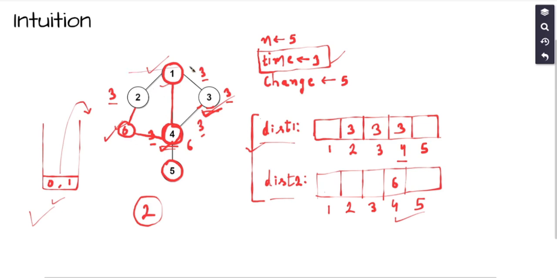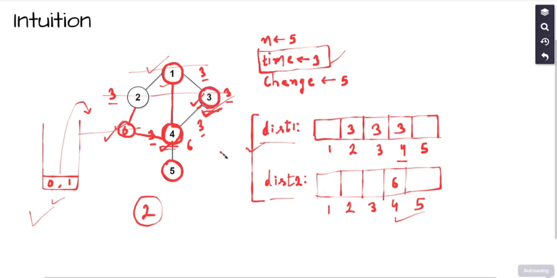So this is level number 1, then this is level number 2, this is at level number 3. So I will traverse the adjacent nodes of node number 3 before I traverse the adjacent nodes of node number 6, because this is present at the top of the priority queue. So I will push node number 4 twice while I traverse the adjacent nodes of node number 3.